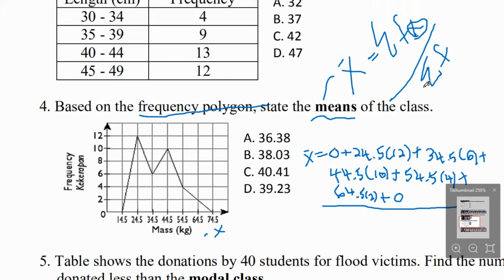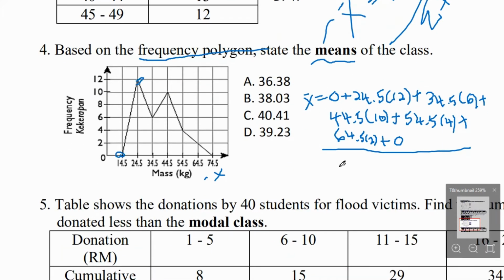Over total frequency. So 0 plus 12 plus 6 plus 10 plus 4 plus 2 plus 0. You calculate this, and then you'll get the answer 38.03.